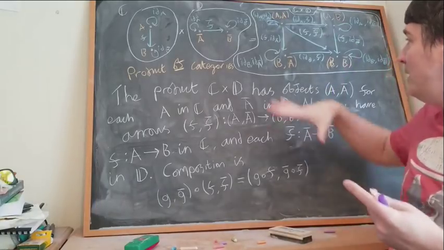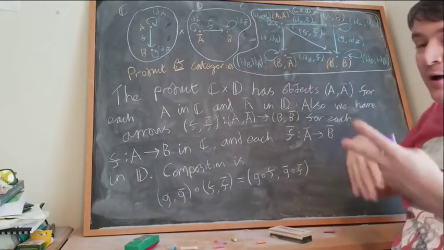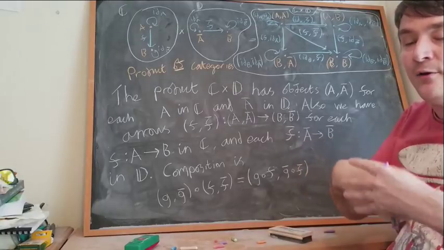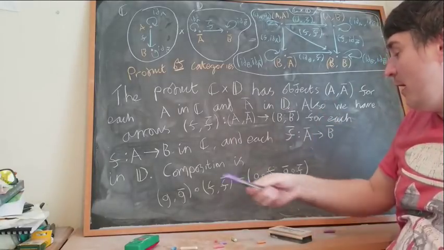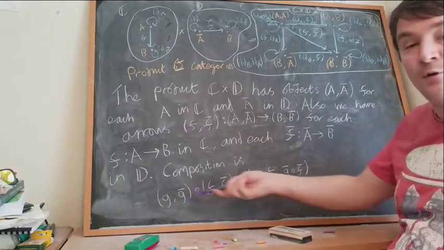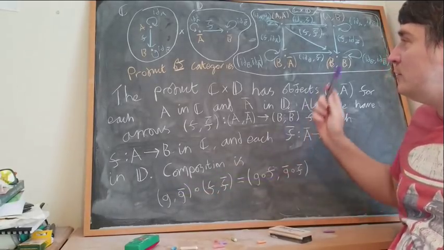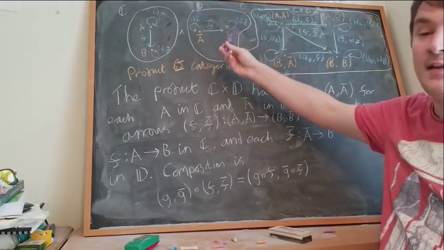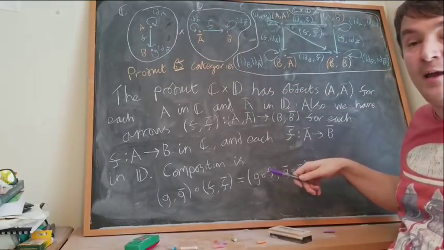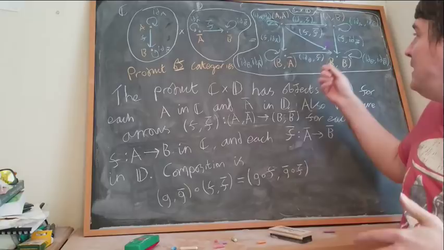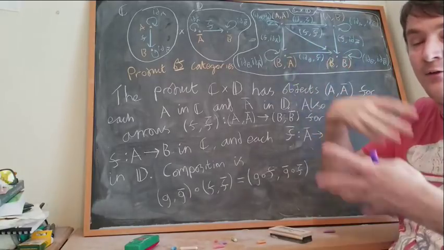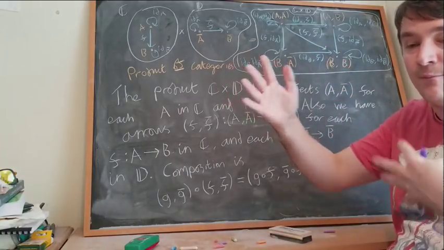Okay, so it will have identity arrows, and it's also associative because the arrow composition is just basically working just like it worked in C and D, just with this comma here. Okay, so it is indeed a category. It has identity arrows and it's associative.